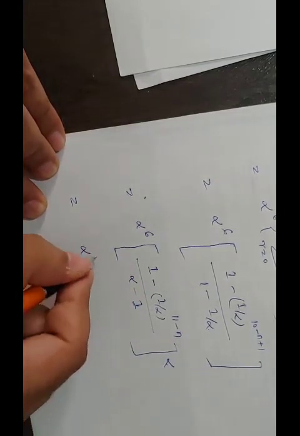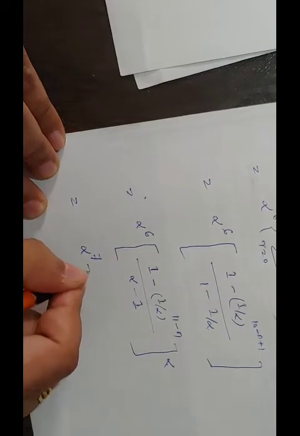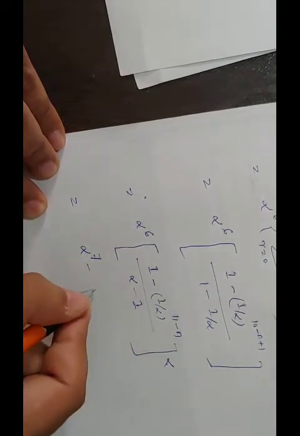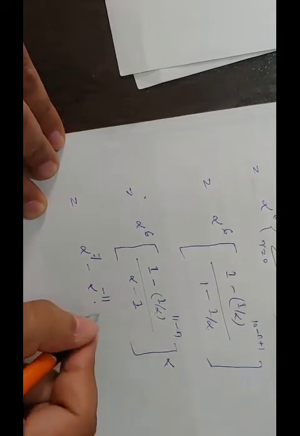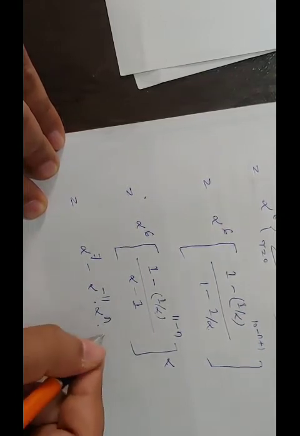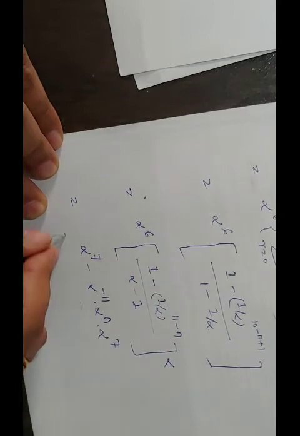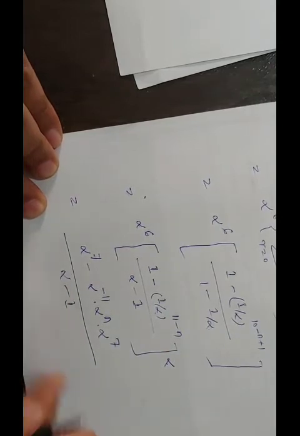Then I am getting alpha to the power 7 minus, this can be written as alpha to the power minus 11 into alpha to the power n into alpha to the power 7 divided by alpha minus 1.